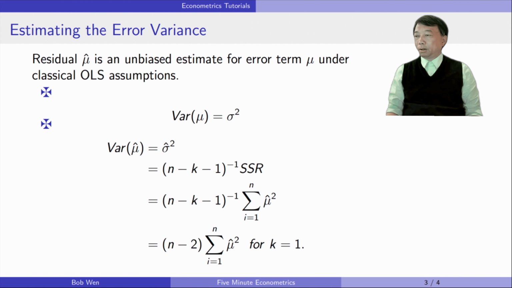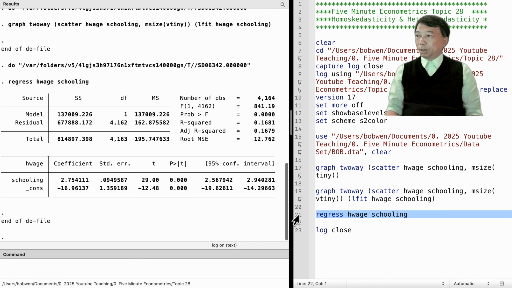In Stata, the result window shows the residual sum of squares, SSR, the degrees of freedom, and the estimator of the error variance, sigma squared hat. For example, after regressing hourly wage on years of schooling, we obtain this result.